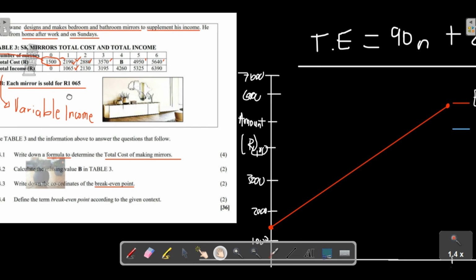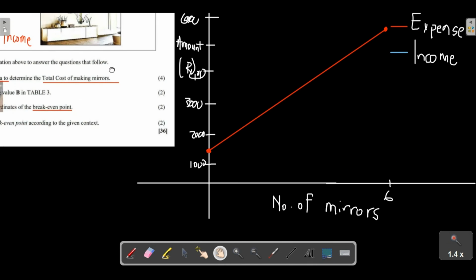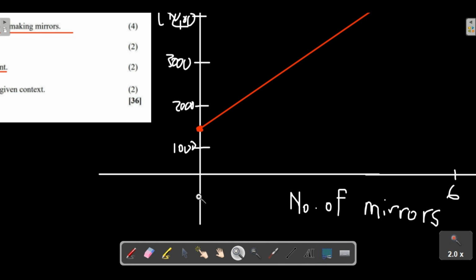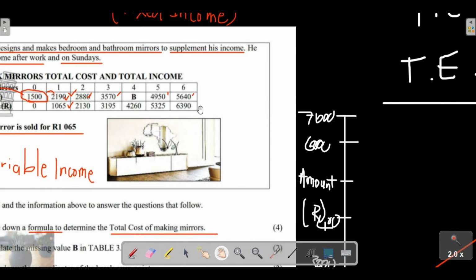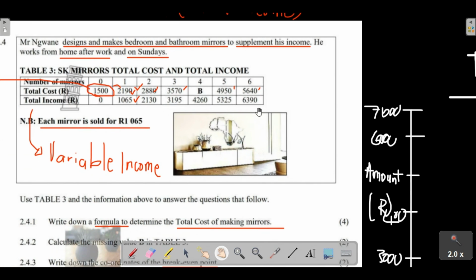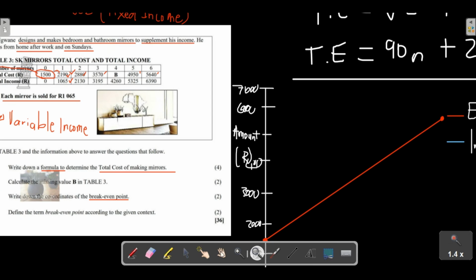And then our income graph, where does it start? Well, when the number of mirrors is 0, the total income is 0, so it starts right over there at 0. And then when the number of mirrors sold is 6, the income is 6,300.